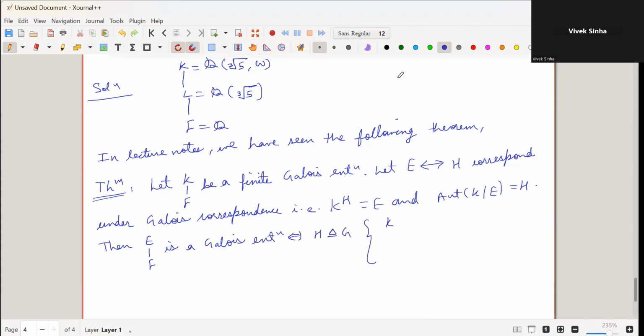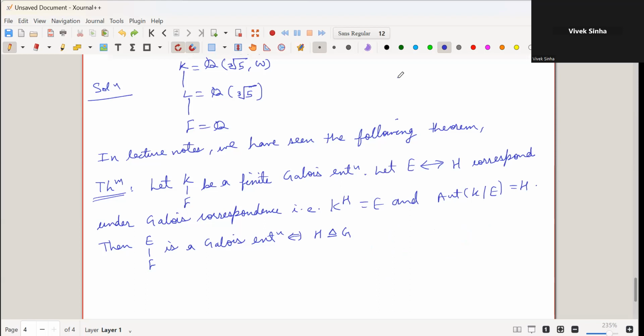So the correspondence is like that. You have K, you have E, you have F, and you have the automorphism group of K over F. Then you have a subgroup of it, that is H. So H corresponds to E in the sense that the fixed field of K with respect to H is E, and the automorphism group of K over E is H. This is the Galois correspondence.